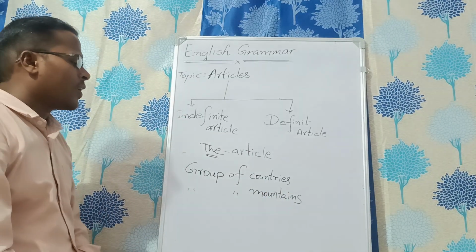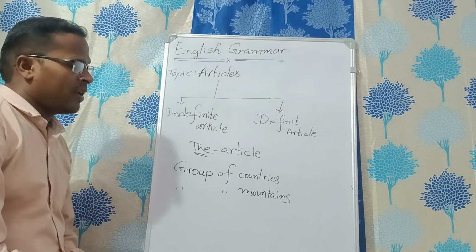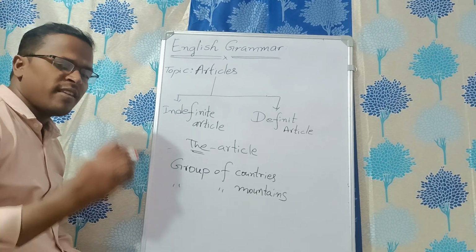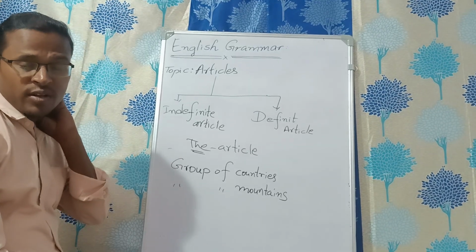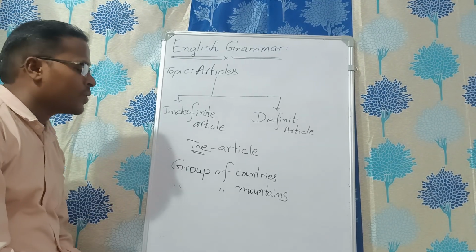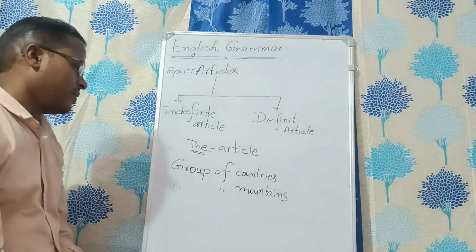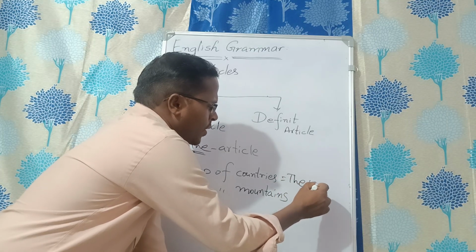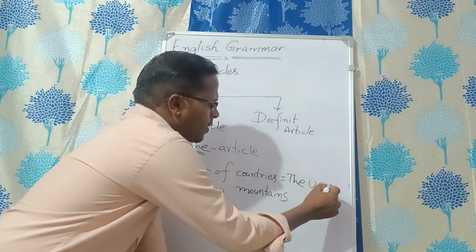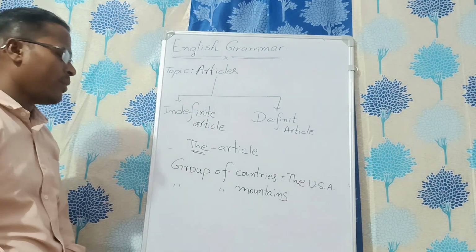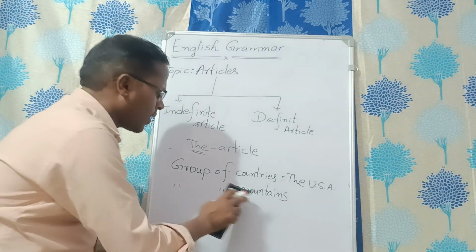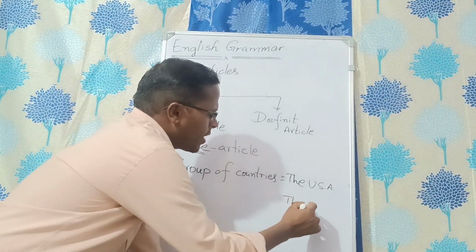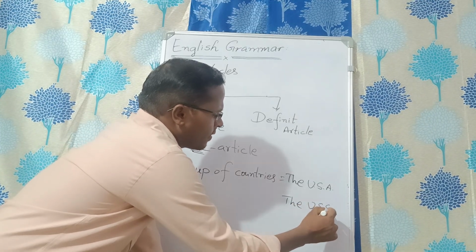and a group of rivers that finally becomes a single, individual river. For them also we have to use the article. For example, the USA, the United States of America. Another example, the USSR.